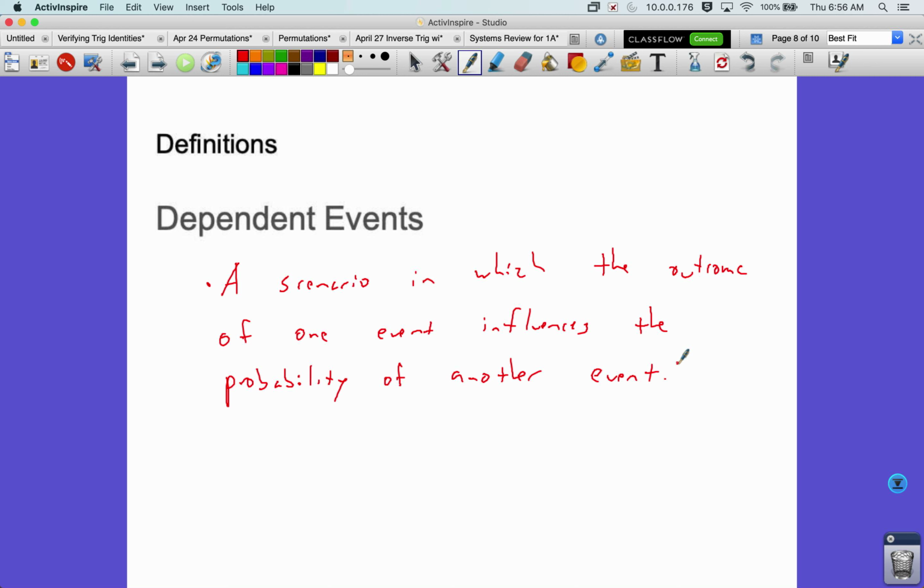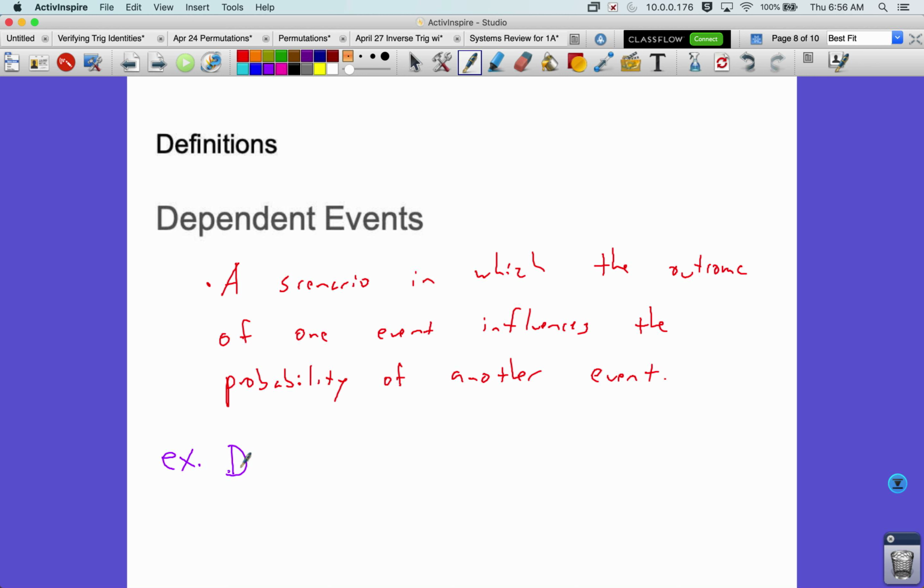So let's try to think of an example to understand dependent events. Our firework example is a really good one. Whether or not I shoot off a blue rocket or a red rocket first influences the probability that I'll be able to shoot off another blue or red rocket. So anywhere where we're using up some sort of resource.